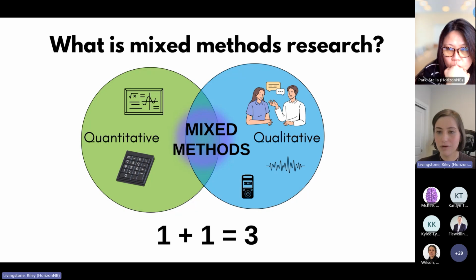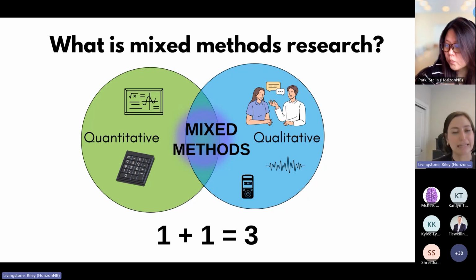To refresh you on the distinction between the two, quantitative research focuses on measuring variables in numerical terms. It uses methods like surveys, experiments, and statistical analyses to identify patterns, test hypotheses, and evaluate outcomes, things of that nature.